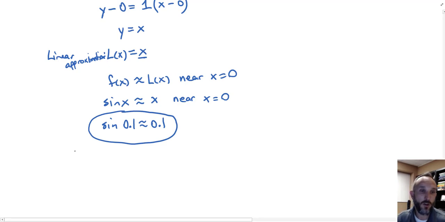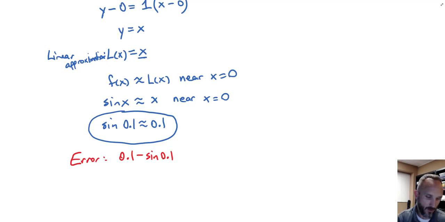So if I want to know the error, then I'll take 0.1, our calculated approximation, minus the actual value of the sine of 0.1 using a calculator in radians mode. So let me make sure I'm in radians mode.